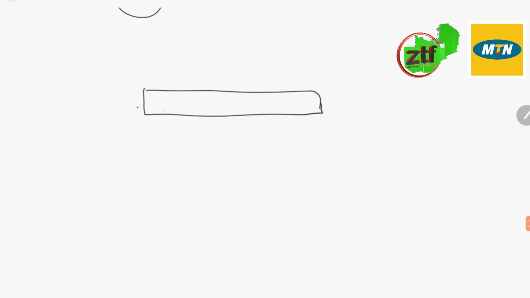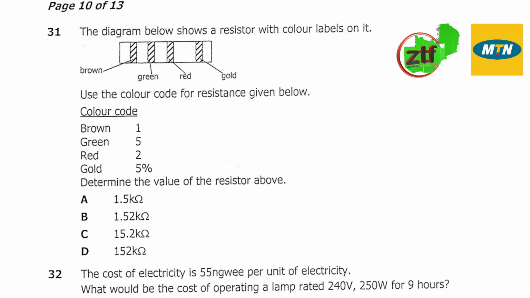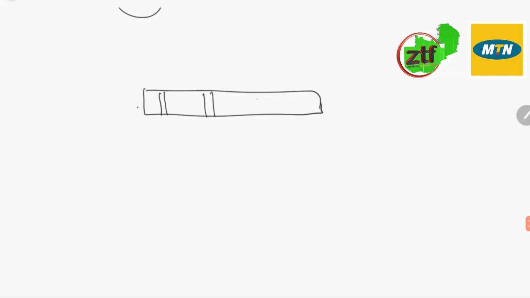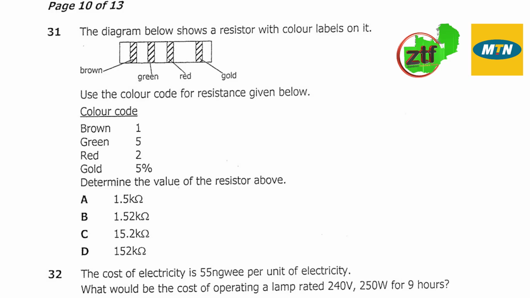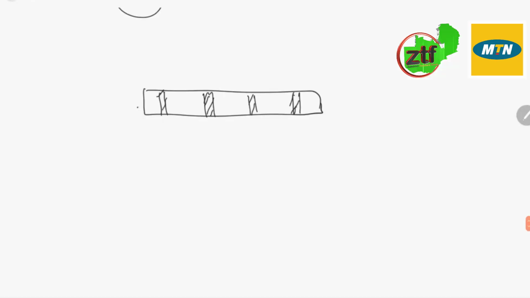If this is the resistor, and this is the first color band, the second color band, and then the other one, and we have the fourth one, these are color bands. So we have the first, the second, the third, the fourth.